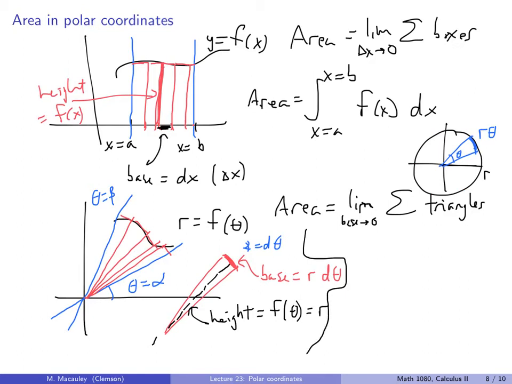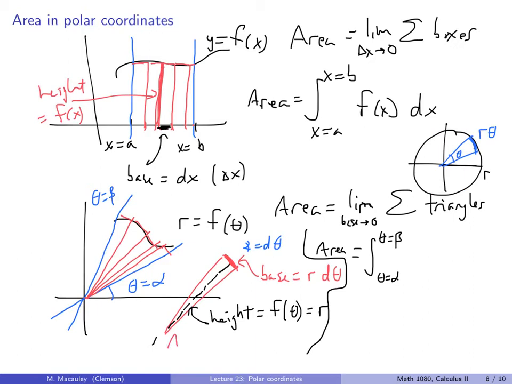Okay, let's do that. So area is the integral from theta equals alpha to theta equals beta of base times height, which is, oh, there's one little tiny detail I forgot. We have a triangle here, right? So the area of the triangle is 1/2 base times height.